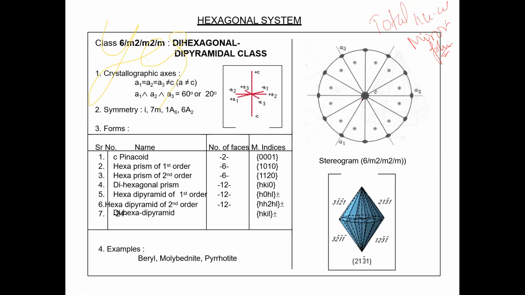Three axial, 3 diagonal, and 1 at C axis. So total is 7 mirror plane. Remember, 2-fold symmetry again 6A2. 6-fold symmetry again 1A6. That is only at C axis. All right. So this was it.